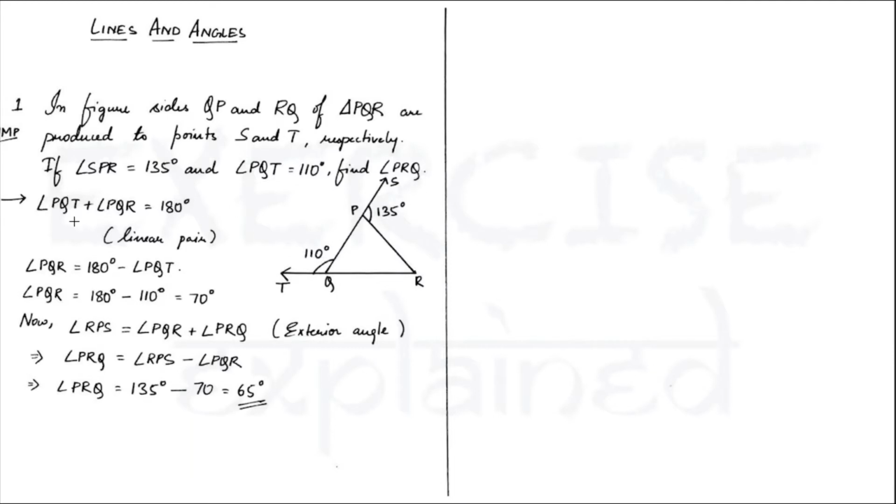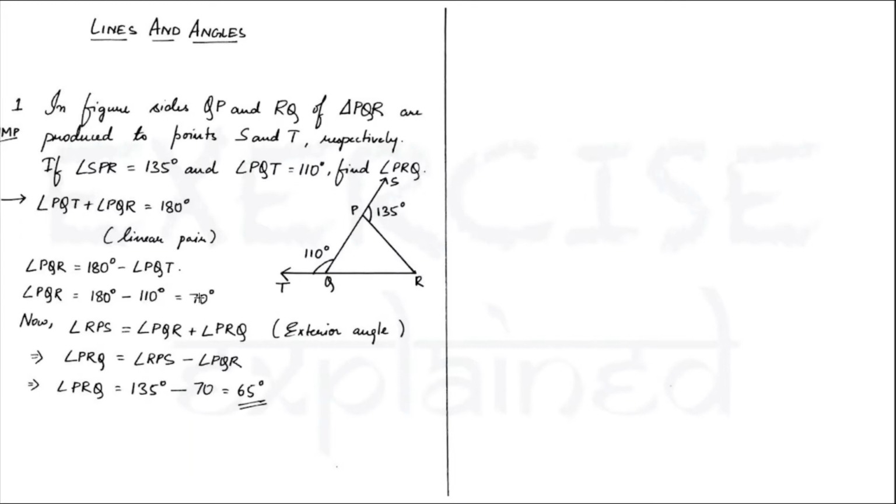So if we get this PQT to the other side, what we get is PQR is equal to 180 minus angle PQT. We just substitute the value of PQT that has been given in the question as 110 degrees. So we get angle PQR is equal to 180 minus 110, that's 70 degrees.